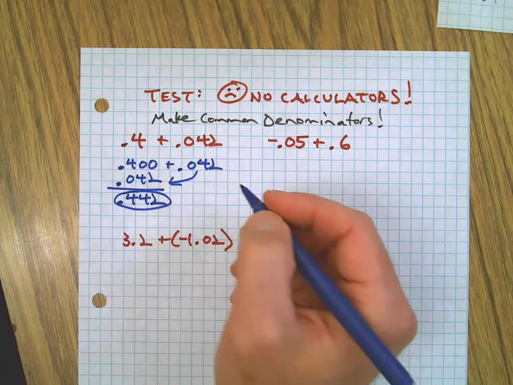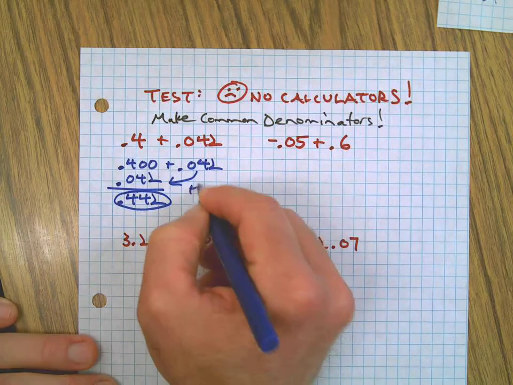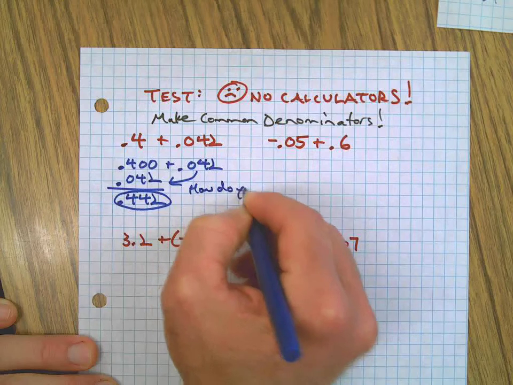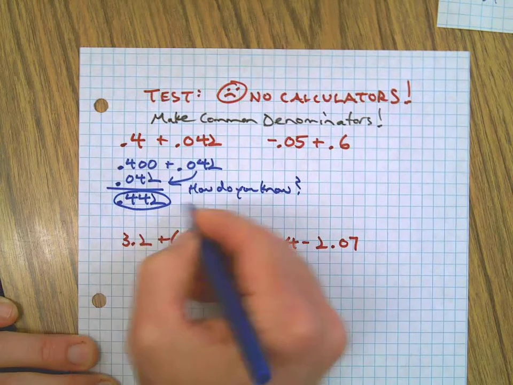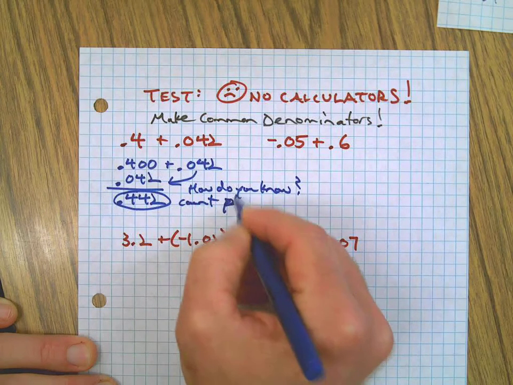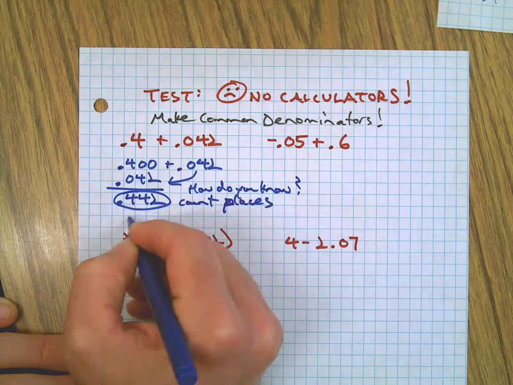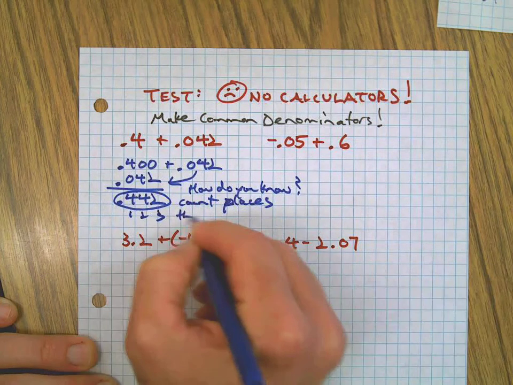If you say that correctly, it's 442 thousandths. How do you know the place value? How do you know how to say it correctly? Well, you count the zeros, or you count the places. There's 1, 2, 3 places.